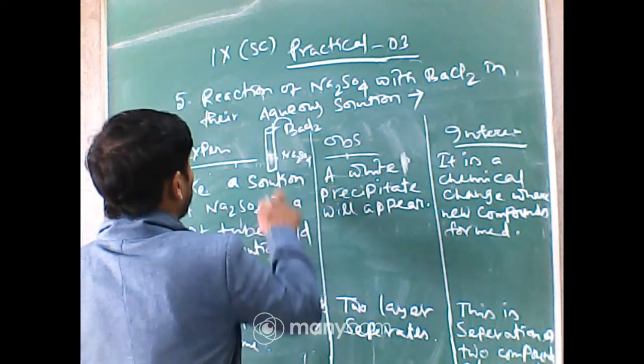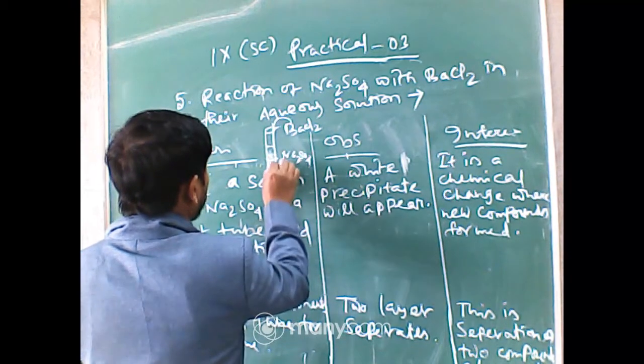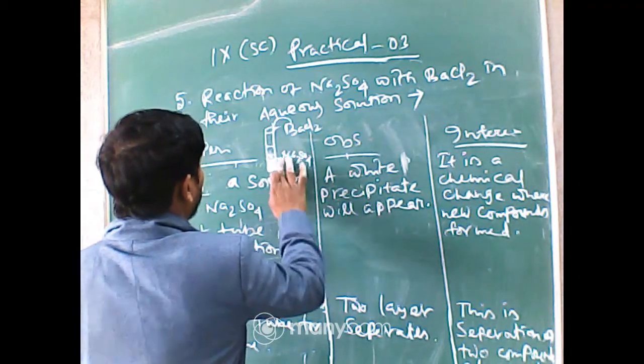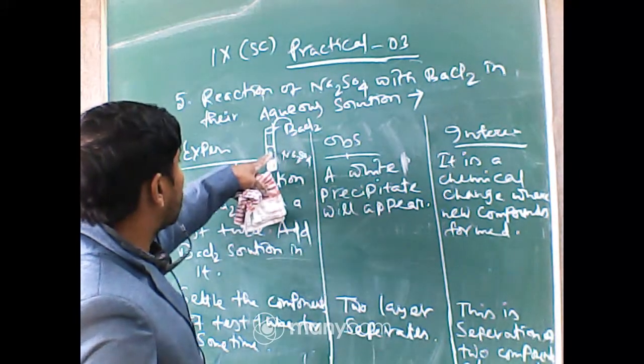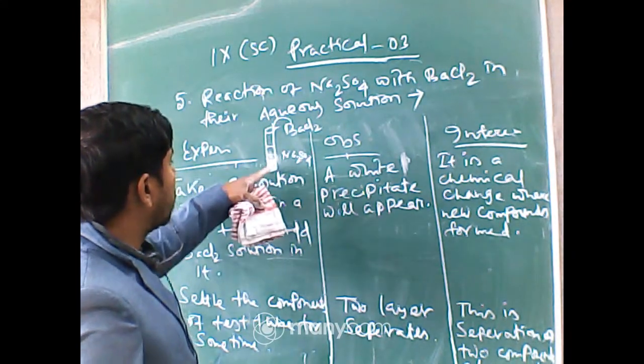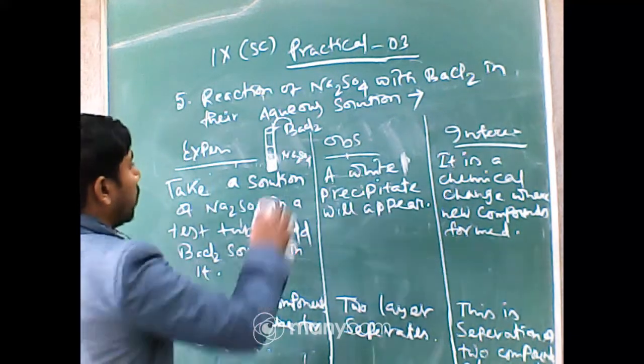The upper layer is a clear solution of sodium chloride, and the lower part is a precipitate of barium sulfate.